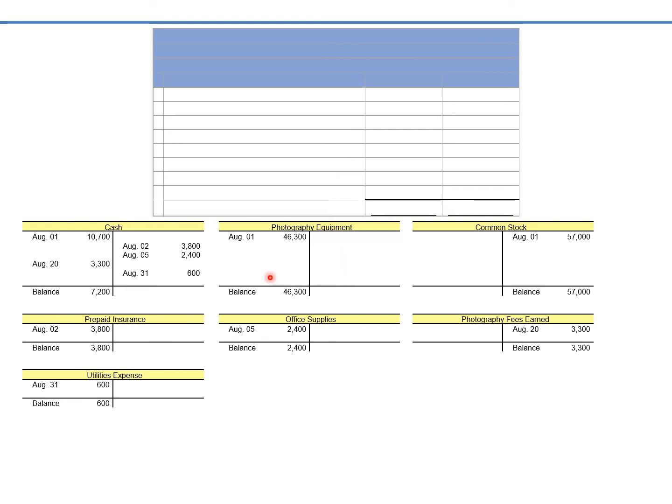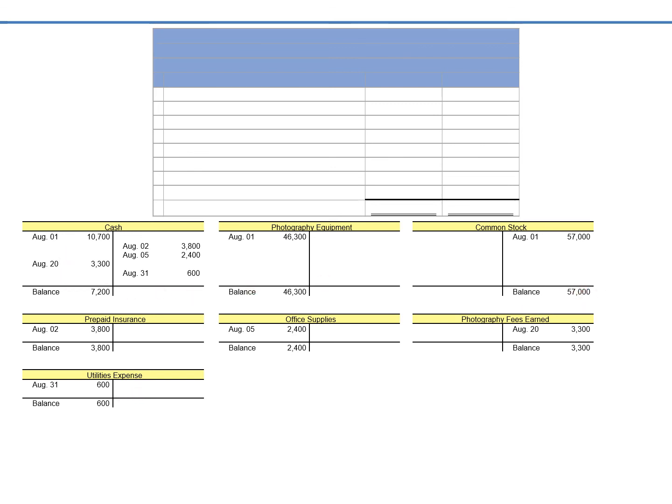Debits less credits, balance of $46,300. Same thing for prepaid insurance, supplies. Then common stock, sum of our credits less our debits. Photography fees earned, sum of our credits less our debits. And then utilities expense, sum of our debits less our credits. And so then we have all of our balances here in each of our accounts.